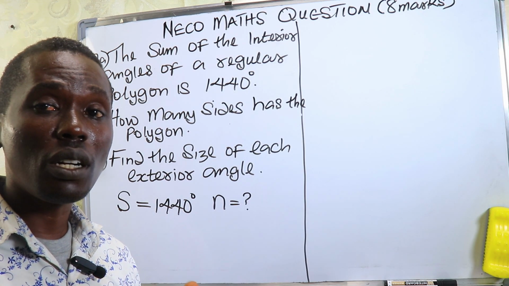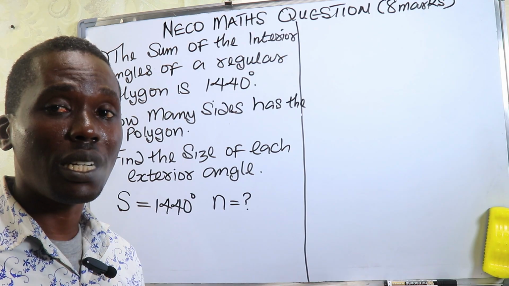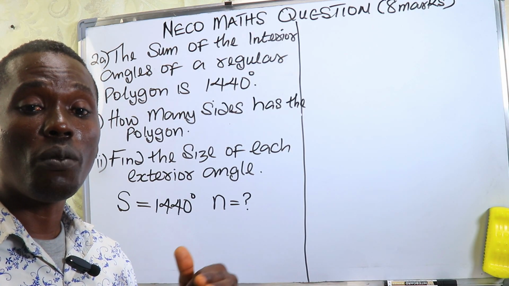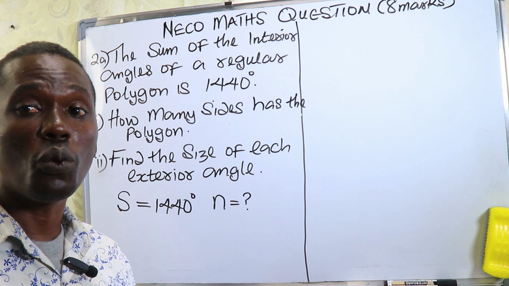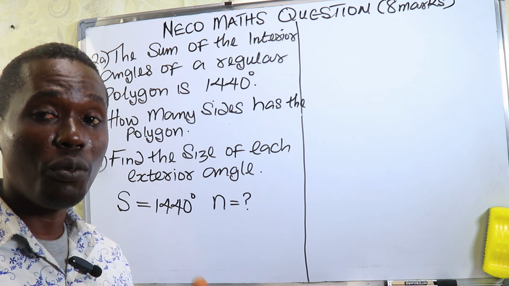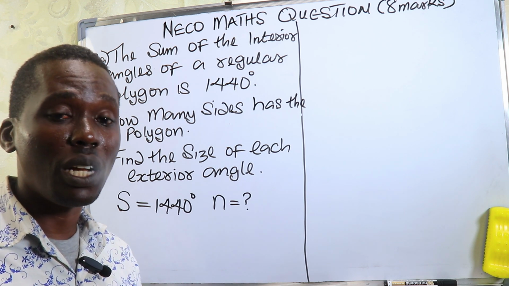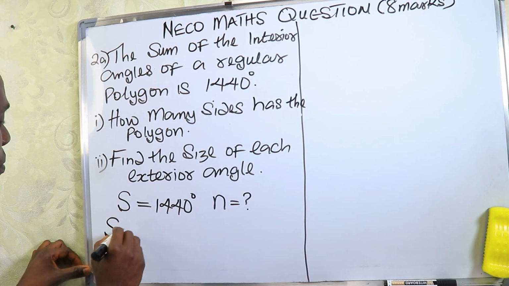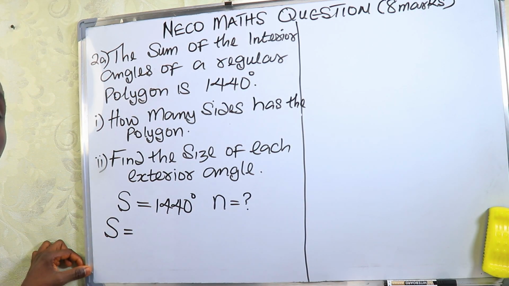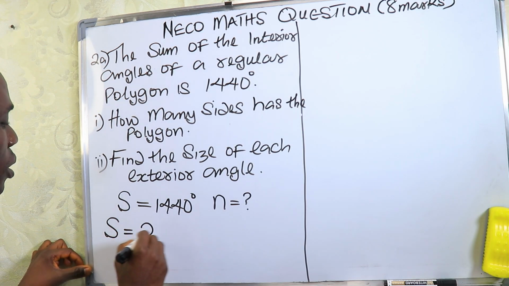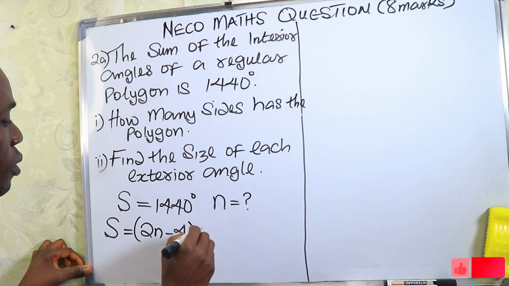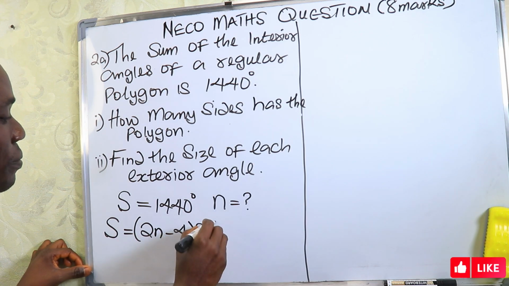Now, there is one general formula we use, and that general formula is the sum of the interior angles of any regular polygon with n sides. If you recall this formula, there are just two. The sum can be equal to, the first one has to do with the angle 90, and that is 2n minus 4, multiplied by 90 degrees.